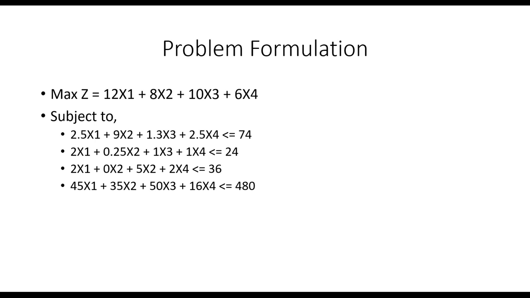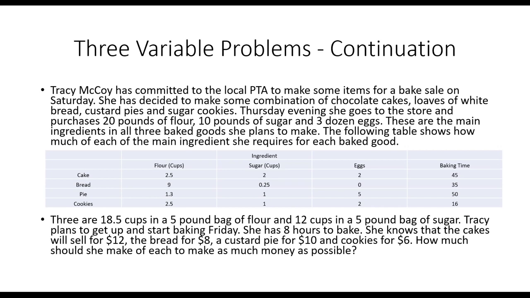And 45x1 plus 35x2 plus 50x3 plus 16x4 is less than or equal to the 480 minutes you have available. Once again, I converted the 8 hours she had to bake into minutes because baking was given to us in minutes per unit.